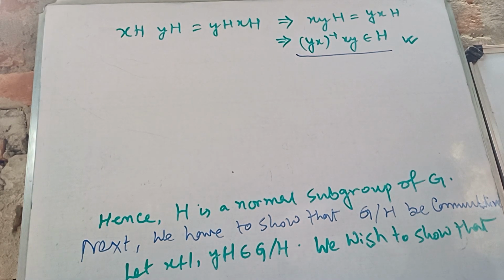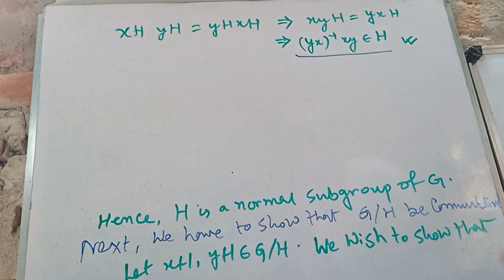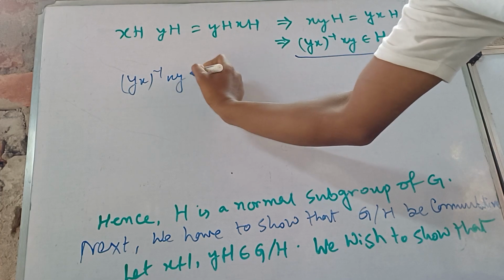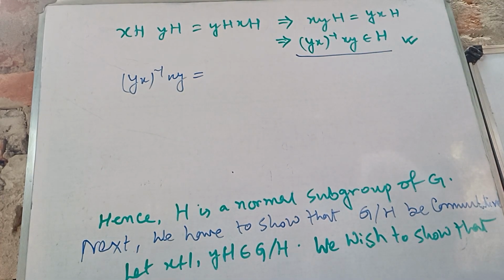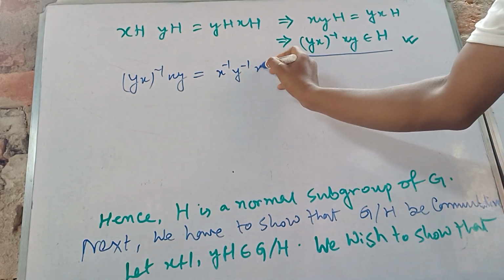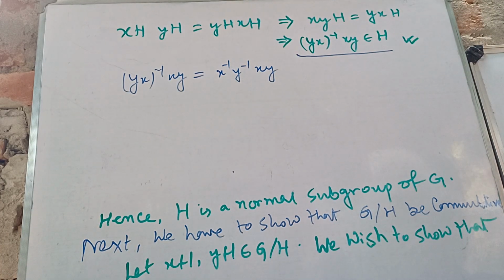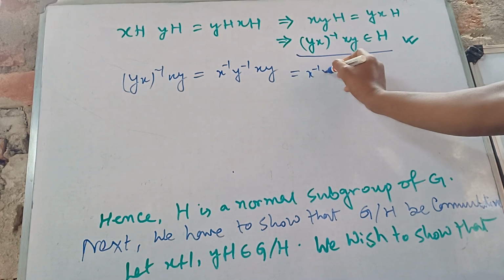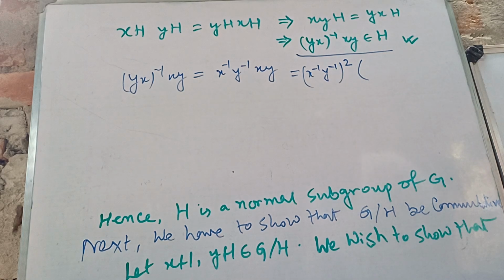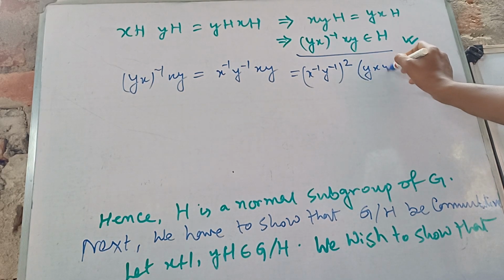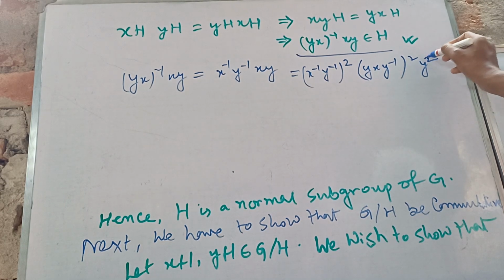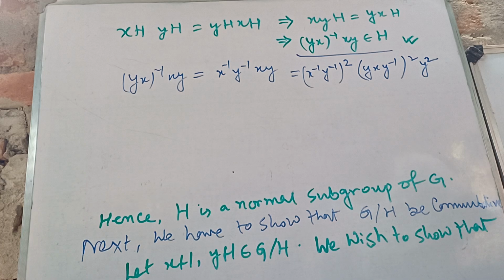Then we write here in this way: (yx) whole inverse xy equals x inverse y inverse xy. And this one equals (x inverse y inverse) whole square, y inverse square and y square. We write in this way, not a problem at all.